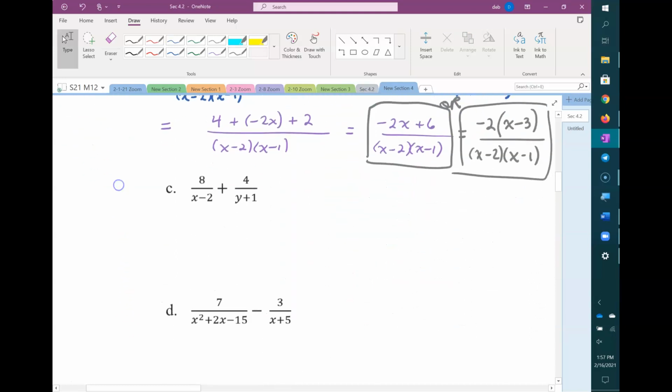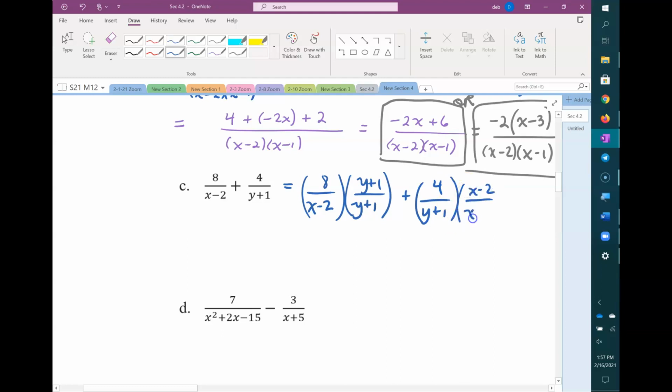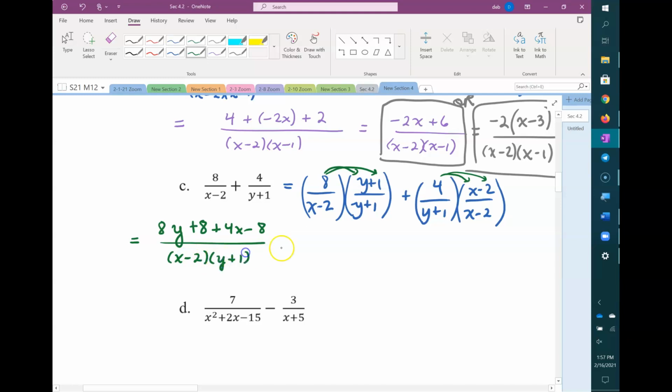Okay, and then this third one, we have nothing in common. So the first fraction is going to have to get multiplied by the entire second denominator, and the second fraction is going to have to be multiplied by the entire first denominator. I'm going to have 8y plus 8 when I distribute, plus 4x minus 8 over x minus 2, y plus 1.